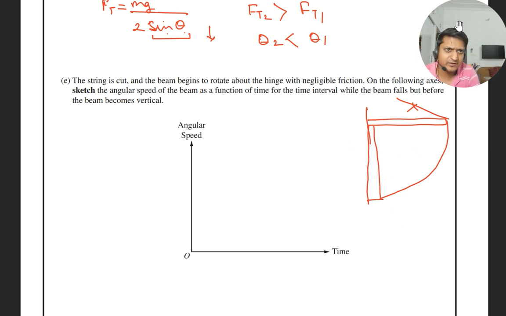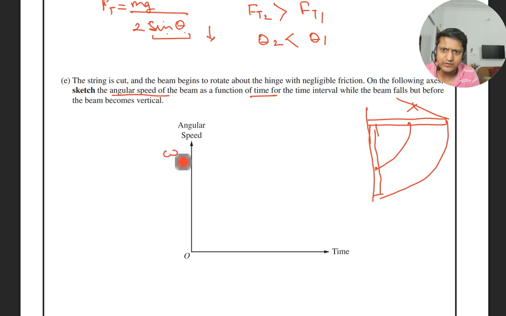Okay, it's a little messy. I can draw again for you. So this is L by 2, L by 2.